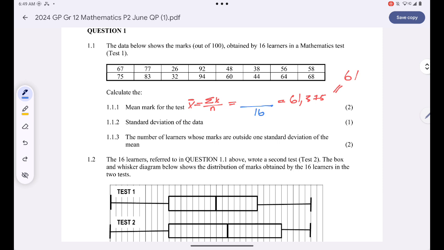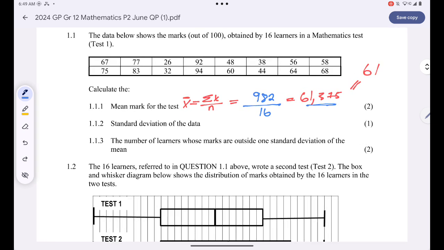Press option 3, then option 2, and then equal to. That's 982 divided by 16. If you divide this answer by 16, you will simply get the same answer we got there.